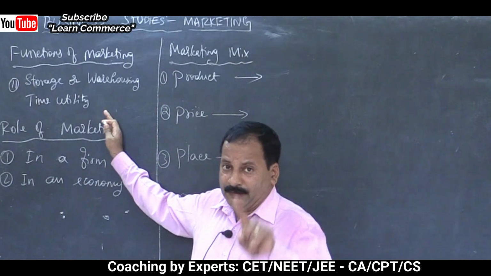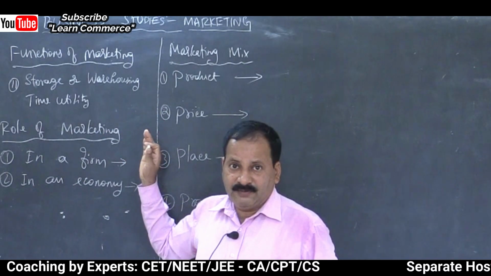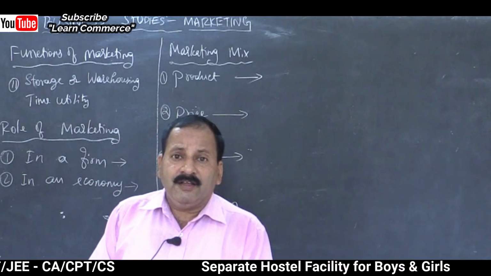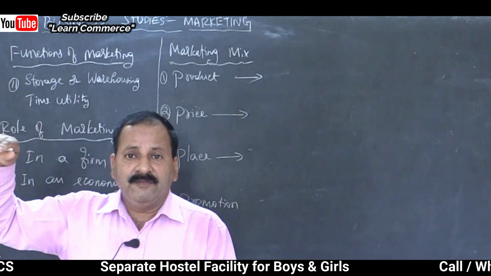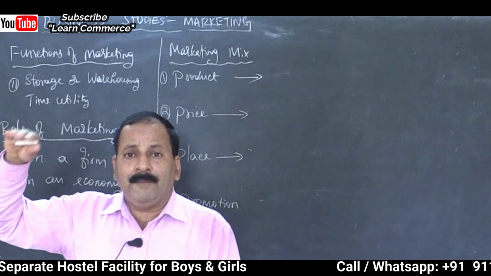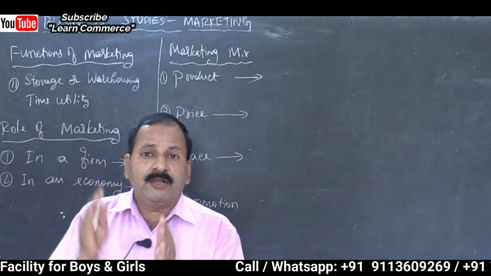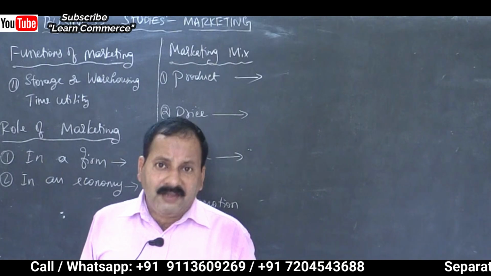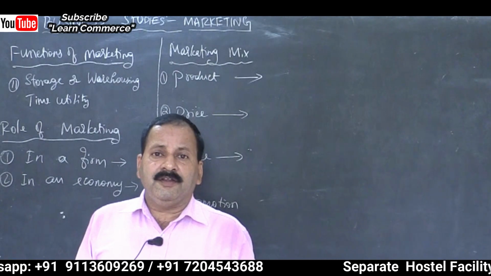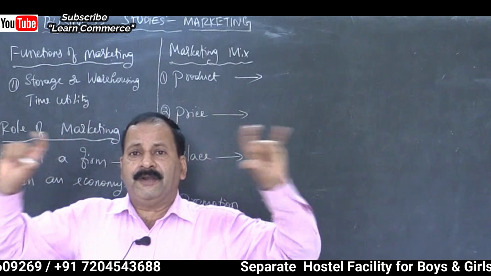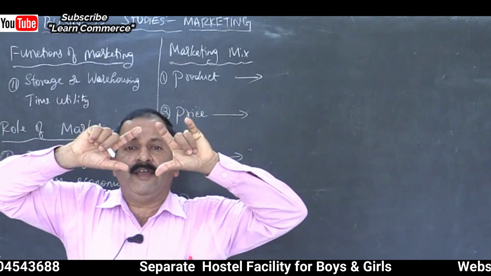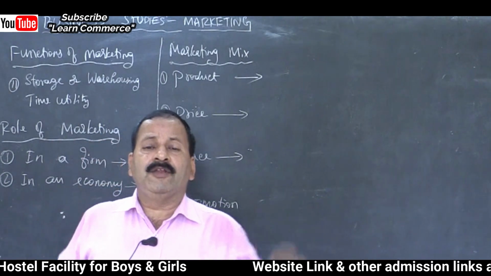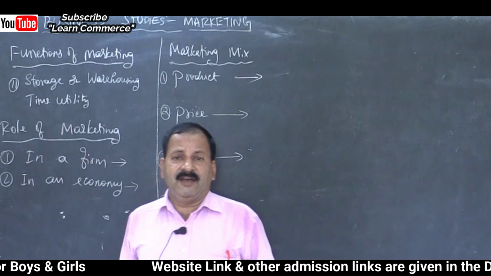Jindal Steel is a firm. Tata Steel is a firm. So the individual business units which perform the business of a particular product are individually called firms and collectively they are called industry. When all the firms that manufacture a particular product are collectively called industry, individually they are called firms.